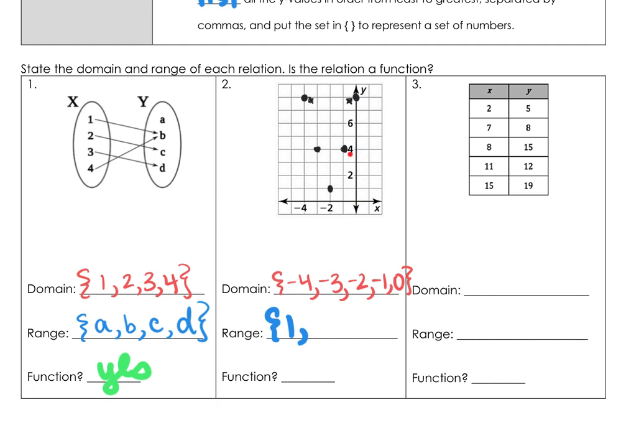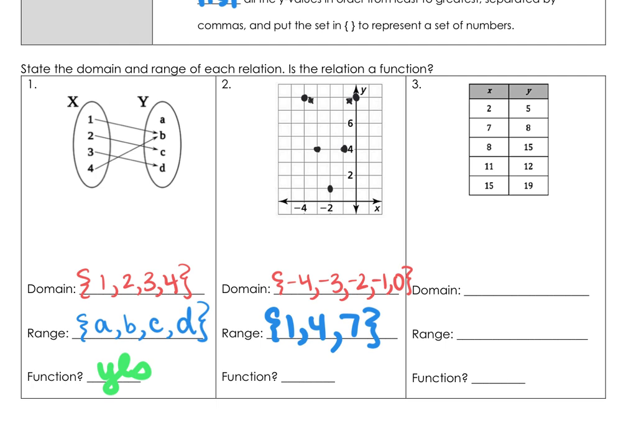Then as I move up, well, now I have 2 points with this y value of 4. Please don't list it twice, only list it once. So my next y value would be 4. And then as I keep moving up, well, now I've got these 2 points. Both of those points have a y value of 7, so I'll just write it once. And then I'm done. Those are the 3 y values from that graph.